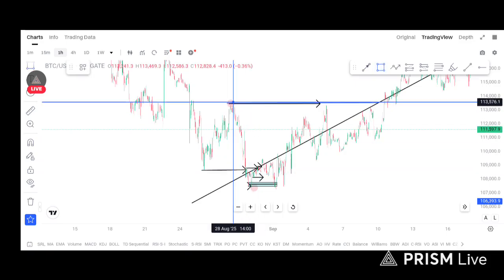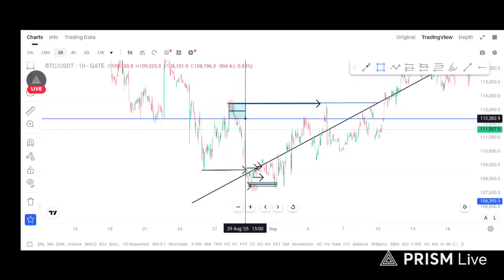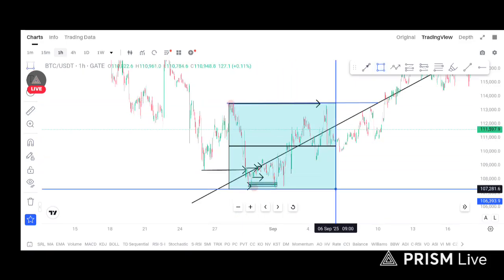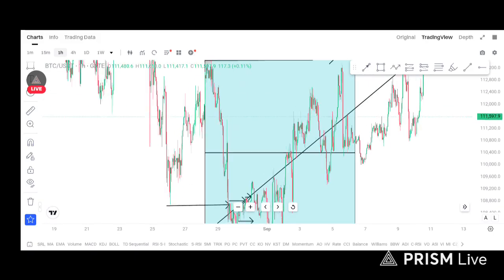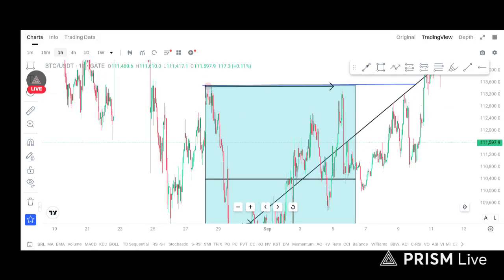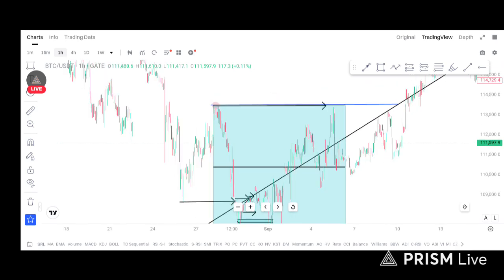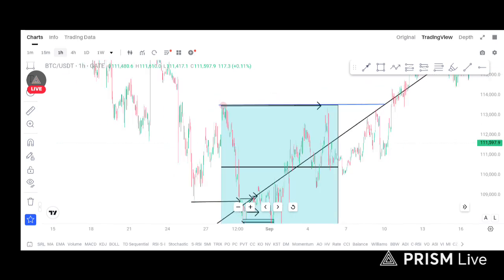So let's put back our premium and discount zone. Are you seeing? Once market was in the discount zone, buys were working perfectly okay until you get to a premium zone. You now wait for a change of trend to continue selling, to start selling. Are you getting it? Perfect.